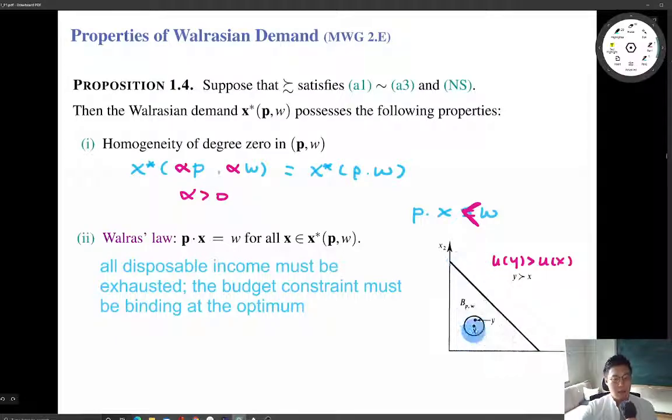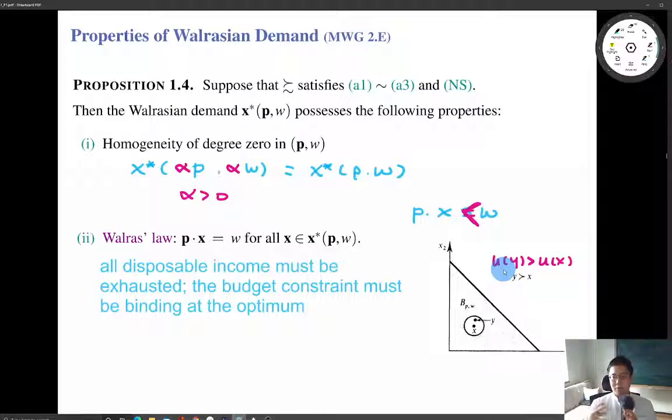And this neighborhood is a very small neighborhood of x, so this bundle y is still inside the triangle, so it is affordable. The consumer can choose this bundle given price and income. Furthermore, by choosing this bundle, the consumer can enjoy a higher level of utility.